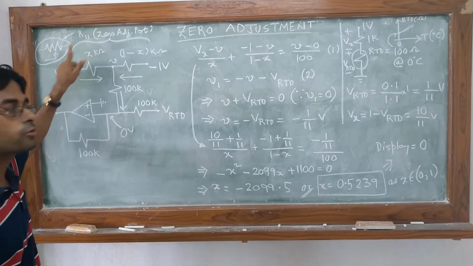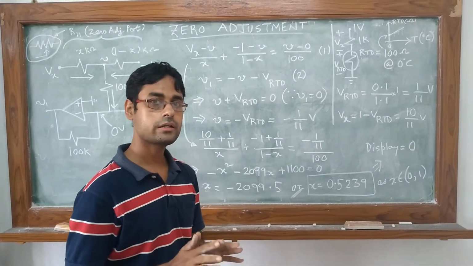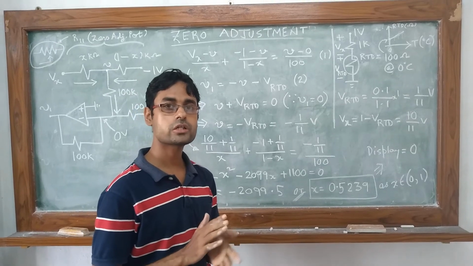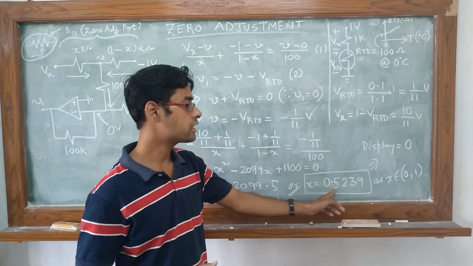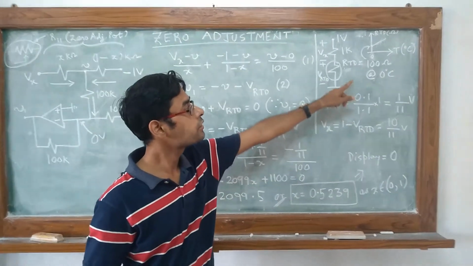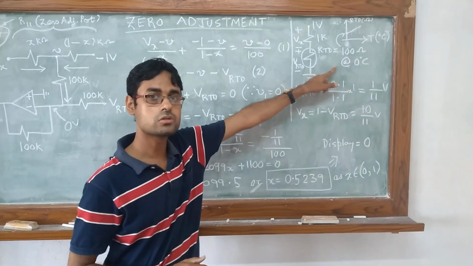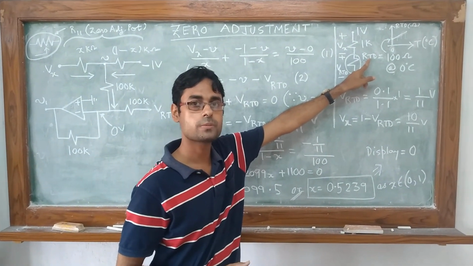This is a 1 kilo ohm resistance. So what this derivation shows is that if we vary the zero adjustment pot such that x turns out to be 0.5239, then this display will be equal to 0 for the RTD being at 100 ohms.